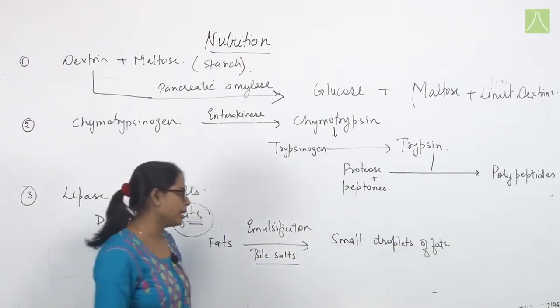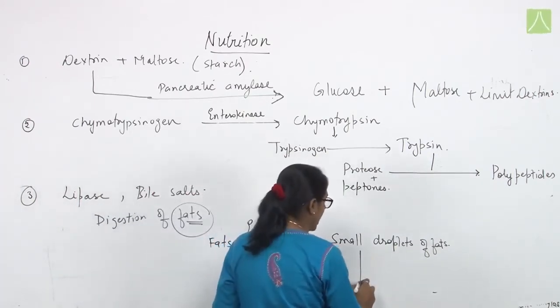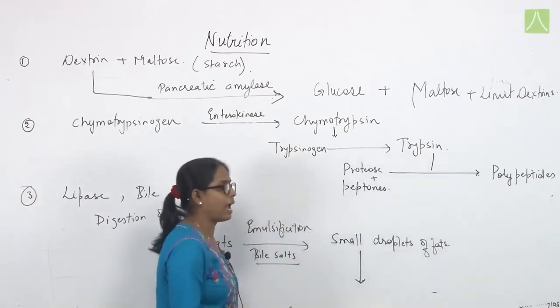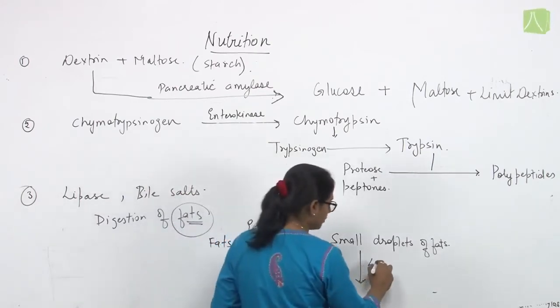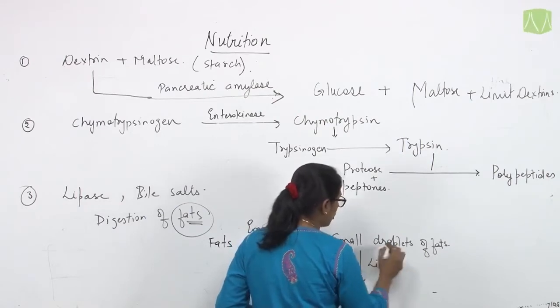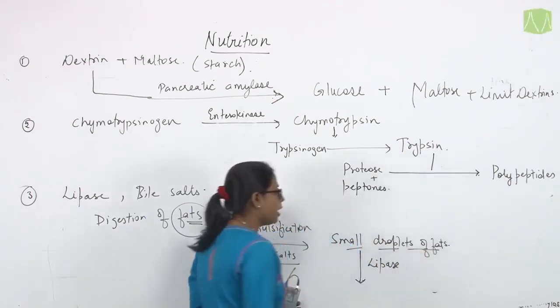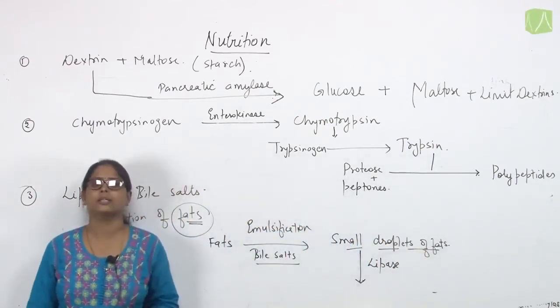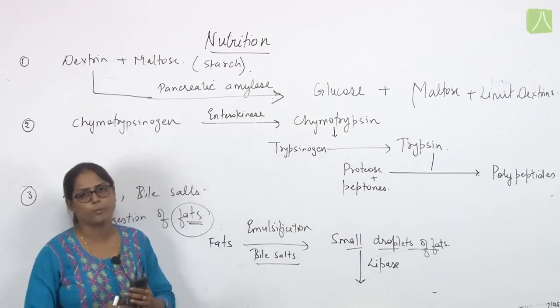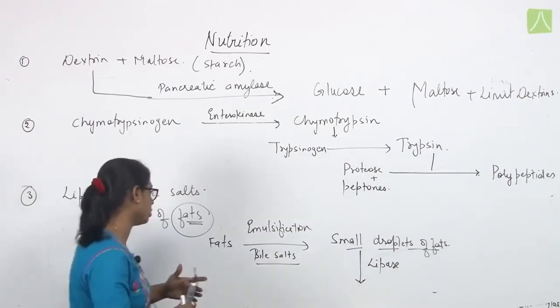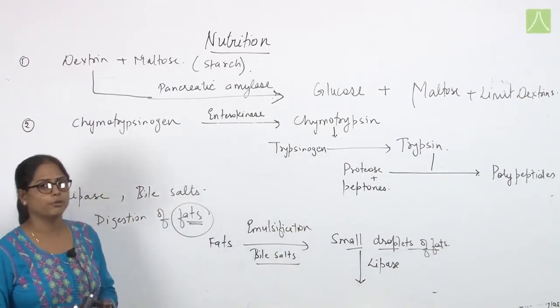Now after that, this emulsified fat is acted upon by the enzyme known as lipase, because now it becomes water soluble and it is easier for the enzyme to act on the small droplets of fats rather than on the large complex molecules of fats.